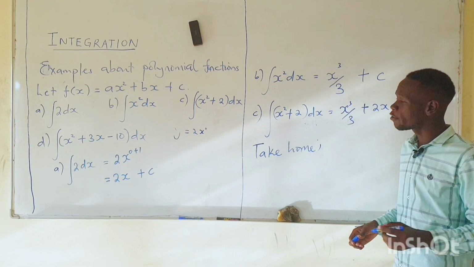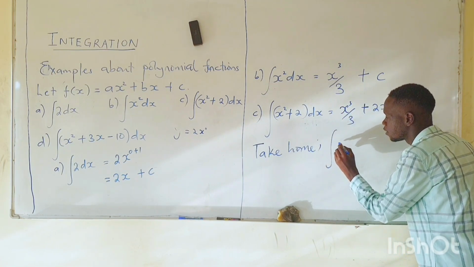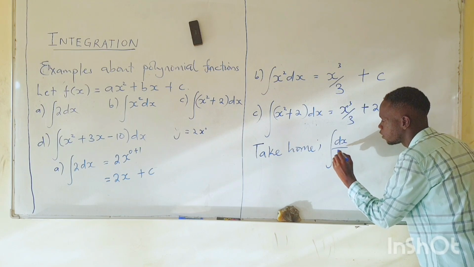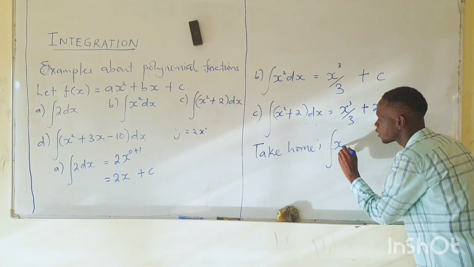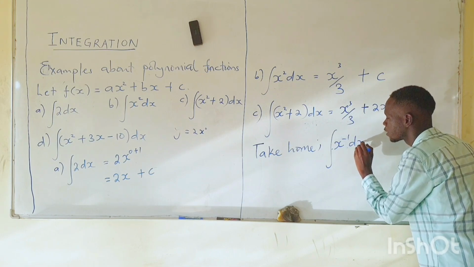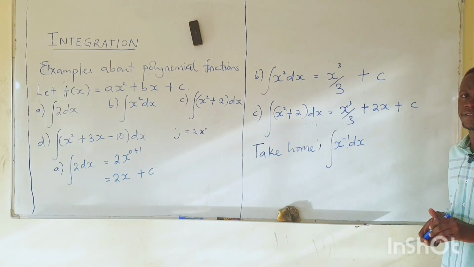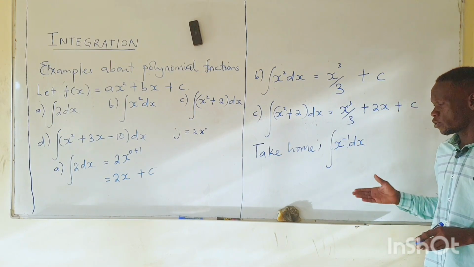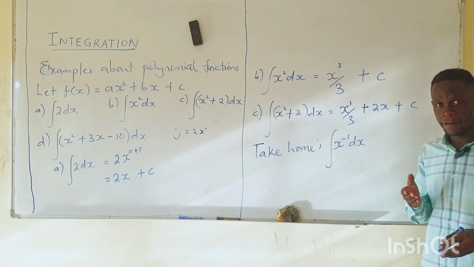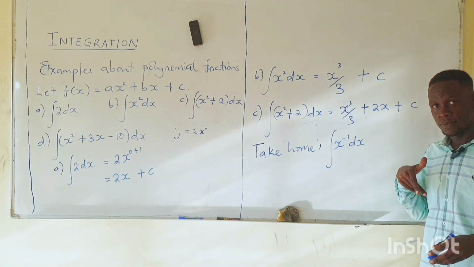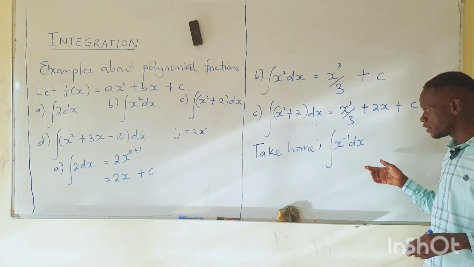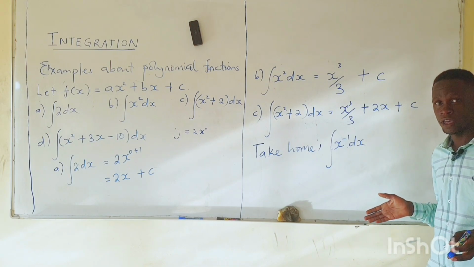If we're told to integrate x power negative 1 dx, how would you solve this? So this is your take home. If you find solutions to this, drop them in the comment section. If you find challenges, it's very okay.